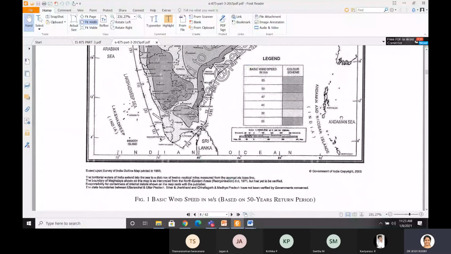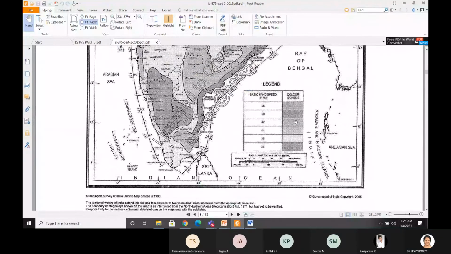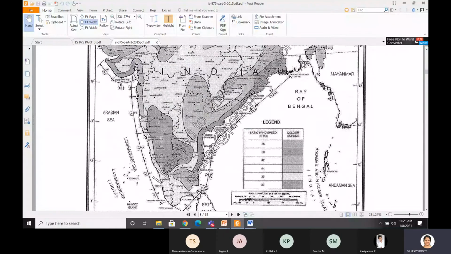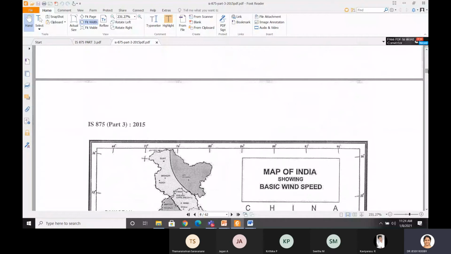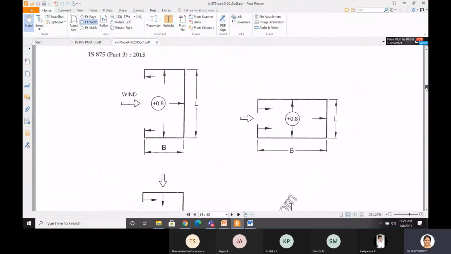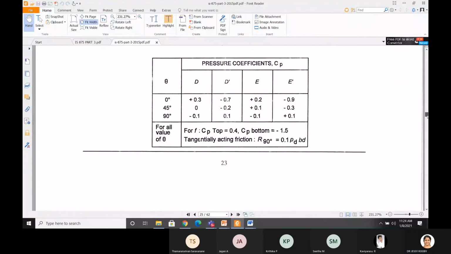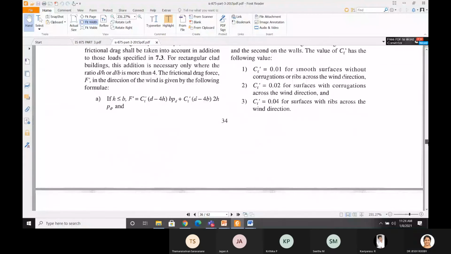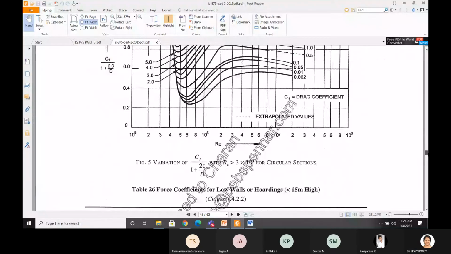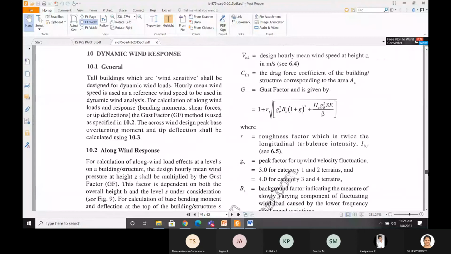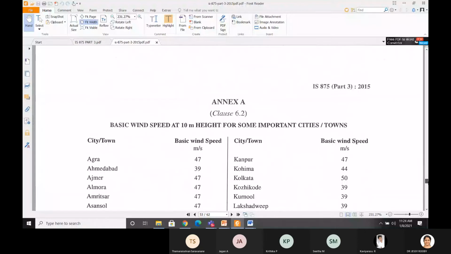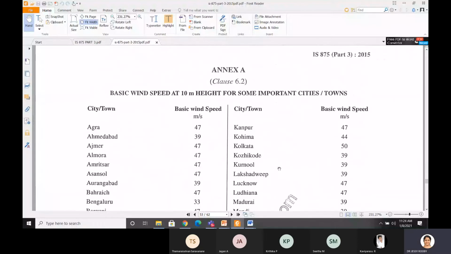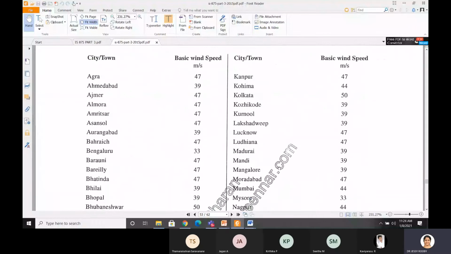Chennai is 50, no? I think at the end there must be a list of cities. See the last pages. See here, Annex A, page number 53.